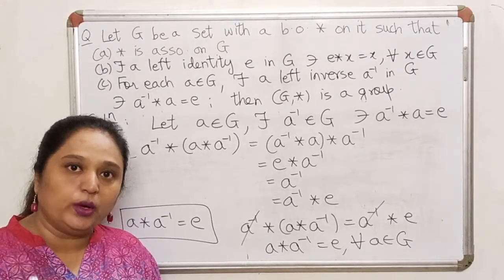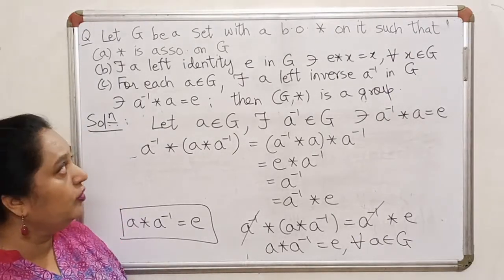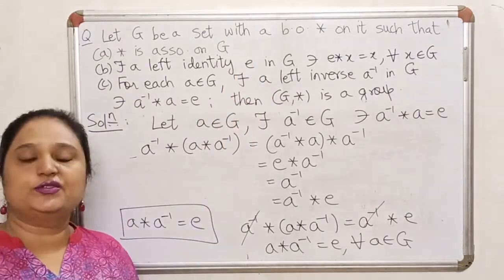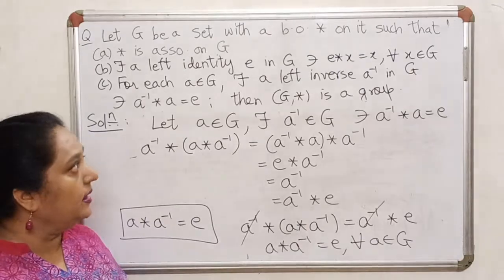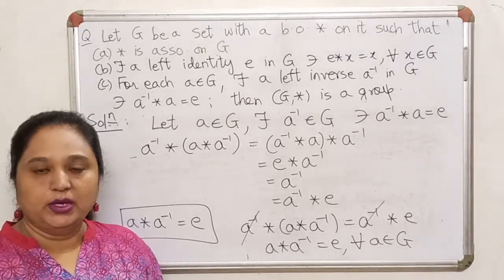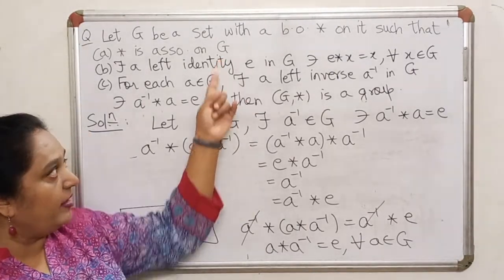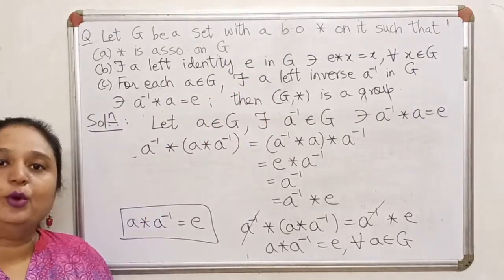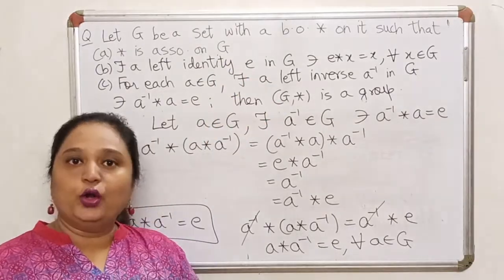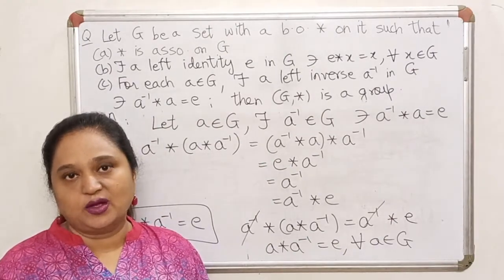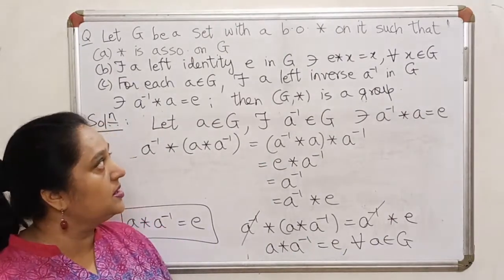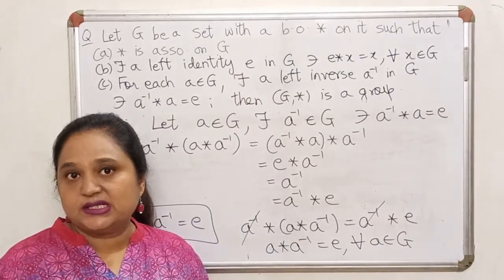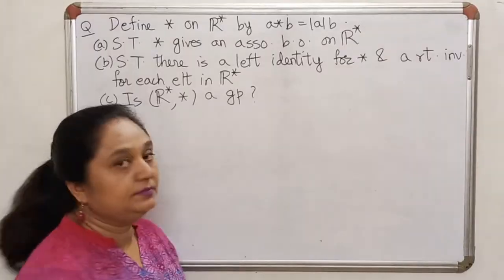Likewise, it will be a good exercise to prove that if we have right identity and right inverse for every element, then still it becomes a group. So you must have left and left in both these conditions, or right and right in both these conditions. A good question to ask here is, what if there was left in one condition and right in the other condition? Would it still be a group?